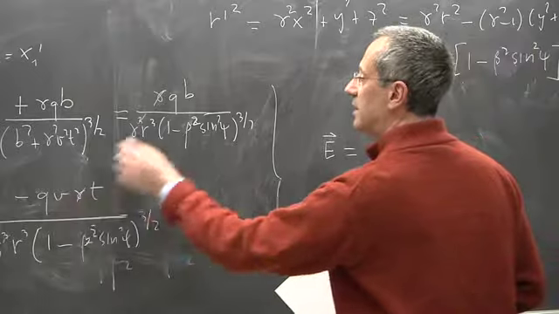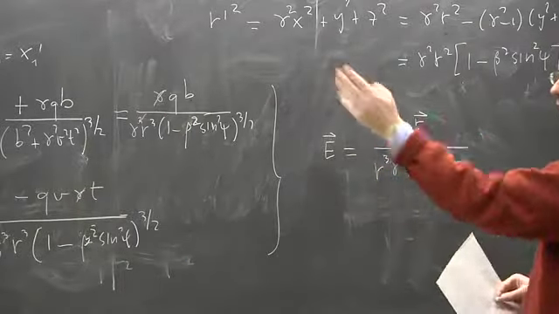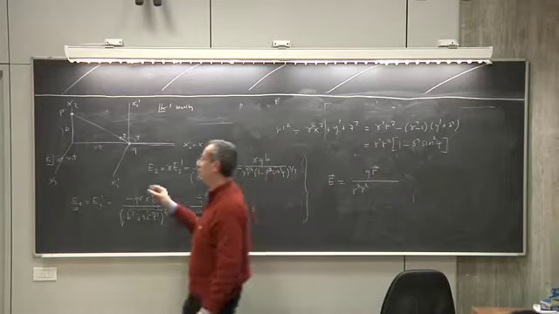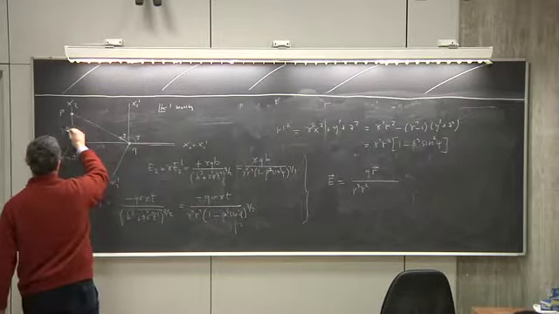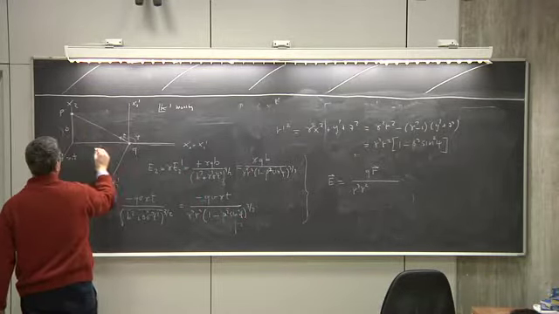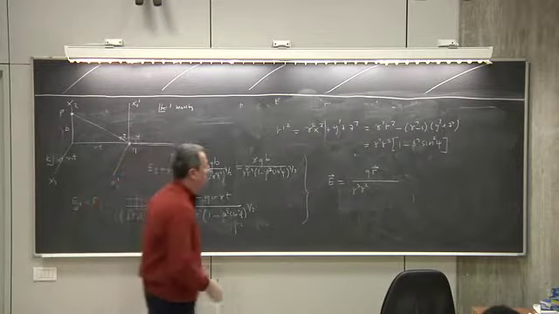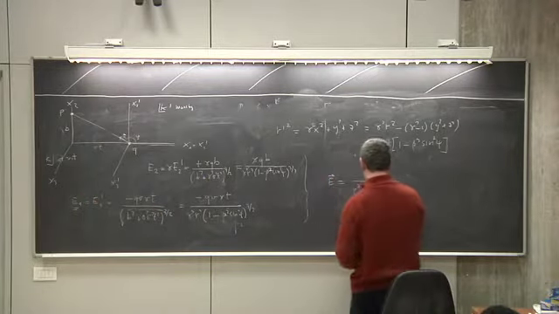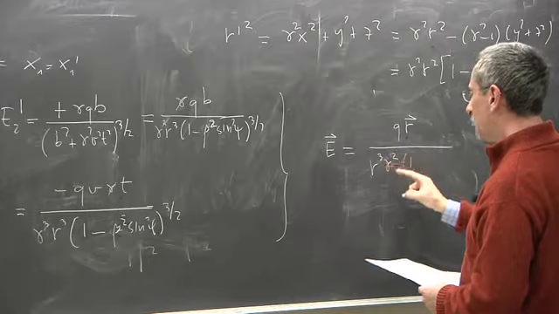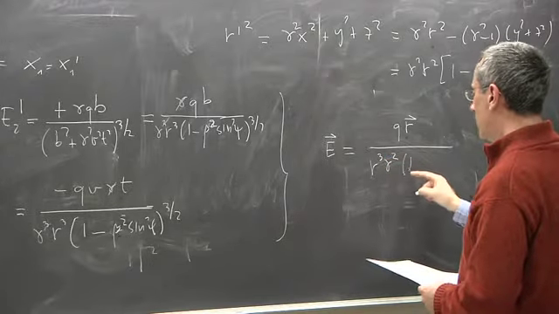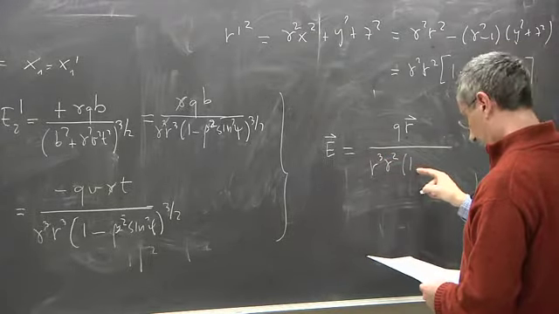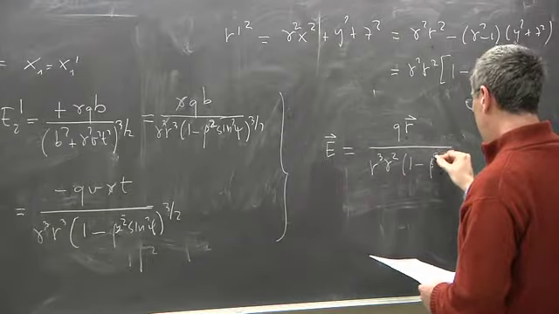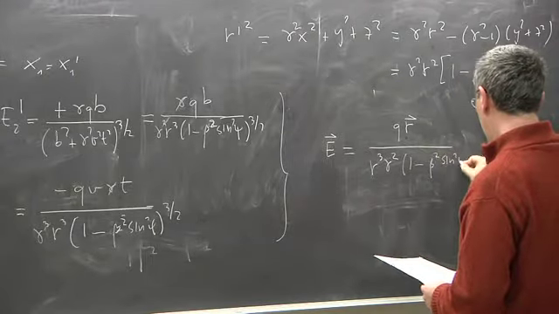Then this VT, they reconstruct the R vector, you see, because these are the components. R is this, so this is the x2 component, and this is the x1 component, so I can write this as the position R. And you get this contraction, gamma square, but on top you get this sine square of psi.